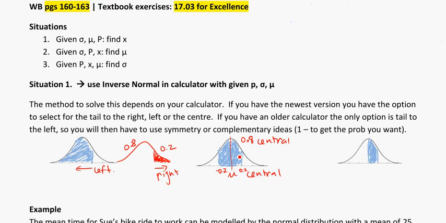If you have an old calculator, you're going to again have to use the left. And if you think about this, using the left, knowing that it's 0.4 on either side of the mean and 0.5 for the whole left bit, you would calculate using 0.9, and then subtract off the 0.1, calculate again for this bit here, and find the difference between those two.